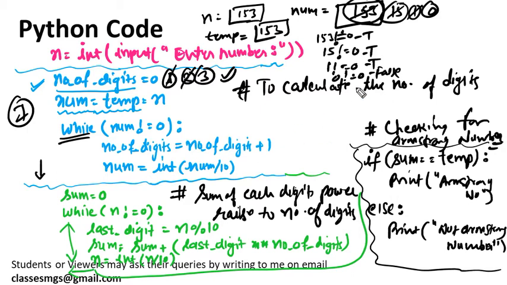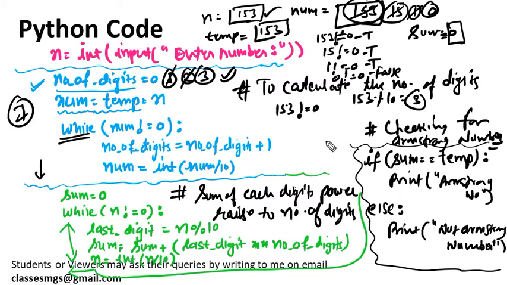Now the second portion will execute. Sum is 0 initially, and n's value is 153, which is not equal to 0. Then we get the last digit, which is 3 the first time, because n % 10, so 153 % 10 gives 3. Then sum becomes 3 cubed plus 0, which is 27.